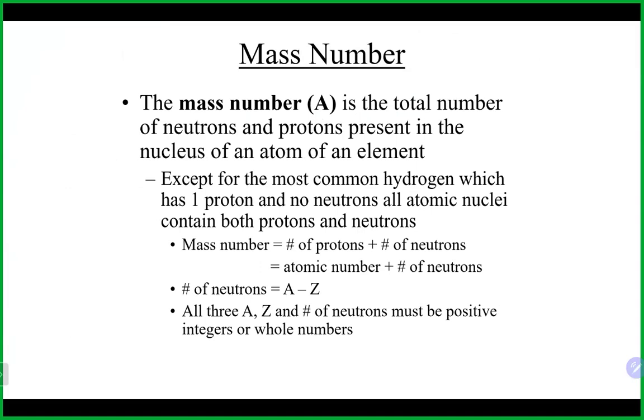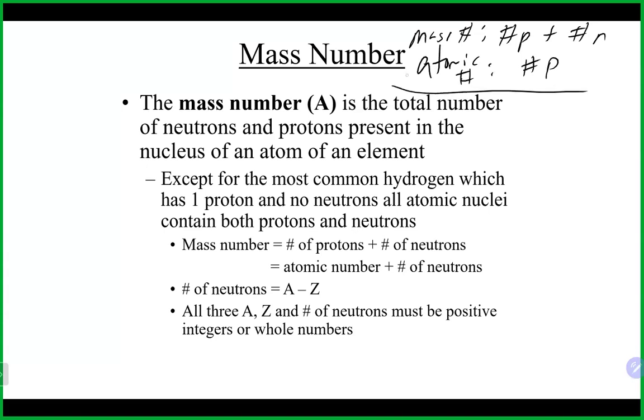And that's a really important number because if you take the mass number, which is your protons and your neutrons, and you take the atomic number that we just talked about, which is your protons, and you subtract them, that is how you can determine the number of neutrons. So if you take the mass number and you subtract the atomic number, that will give you your number of neutrons. Except for hydrogen.